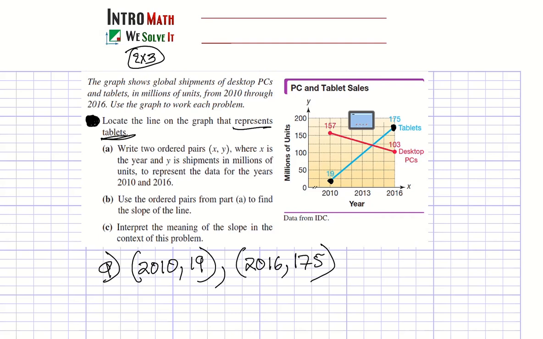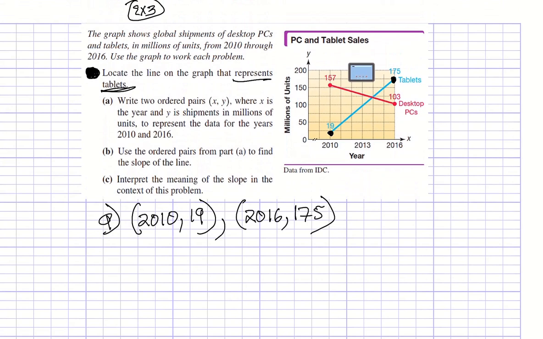What is the next one? B. Use the ordered pairs from part A to find the slope of the line. You remember the slope, right? Slope is M equals what? Rise over run, right?